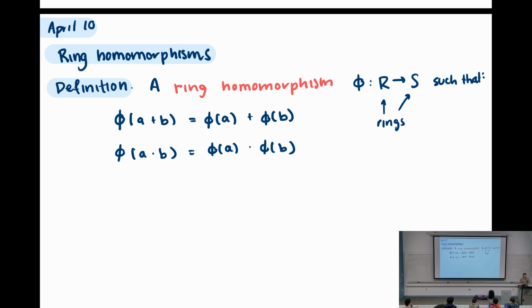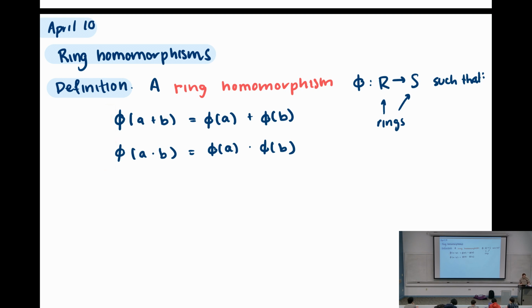On Friday, we had just written down the definition of a ring homomorphism. So just to recall this quickly before we go into the properties of ring homomorphisms. A ring homomorphism, phi from a ring R to a ring S, is a function such that that function preserves the addition operation in your ring, and it also preserves the multiplication operation in your ring.